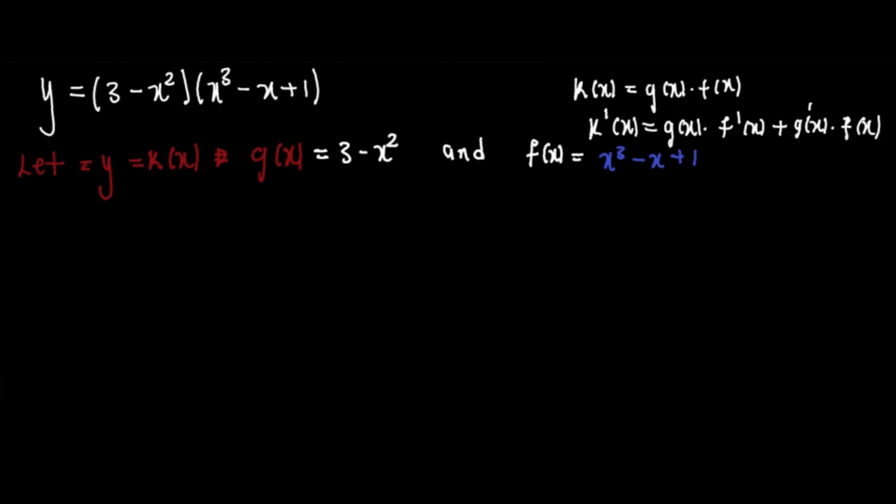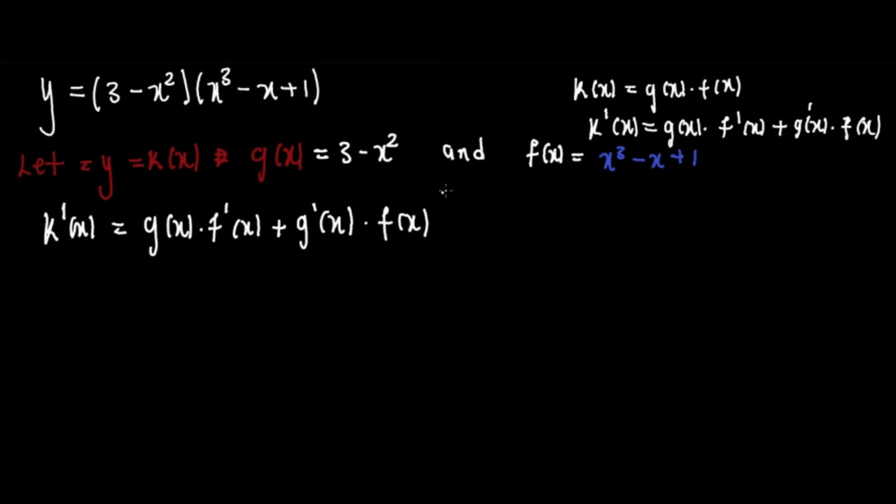So now the product rule says what? Product rule says that k prime of x is equals to g of x times f prime of x plus g prime of x times f of x.